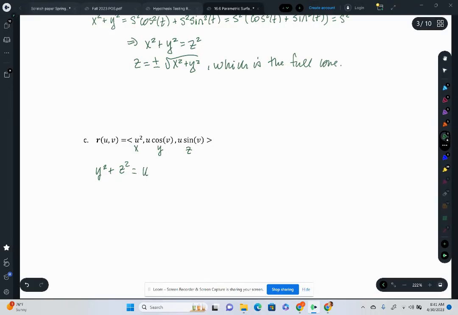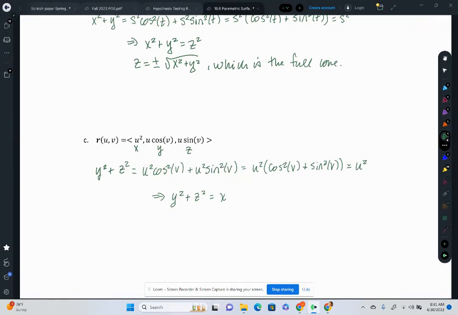This gives me u squared cosine squared of v plus u squared sine squared of v, which is equal to u squared times cosine squared of v plus sine squared of v, which simplifies to just u squared. But u squared is x. So what I have here really is y squared plus z squared is equal to x.